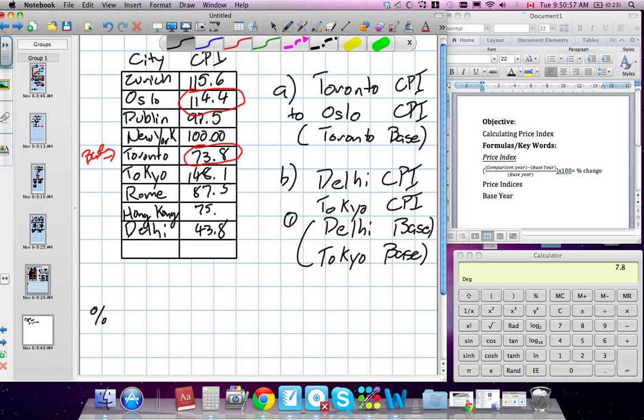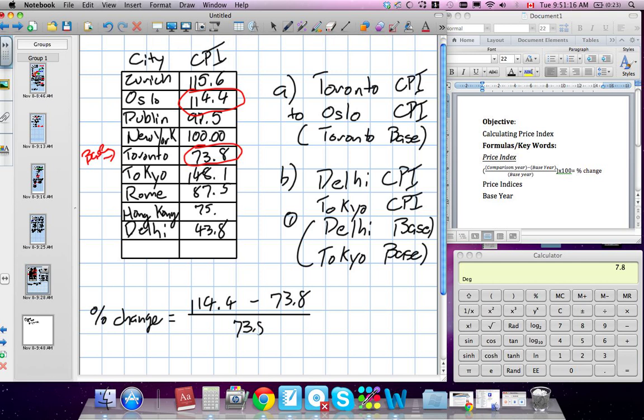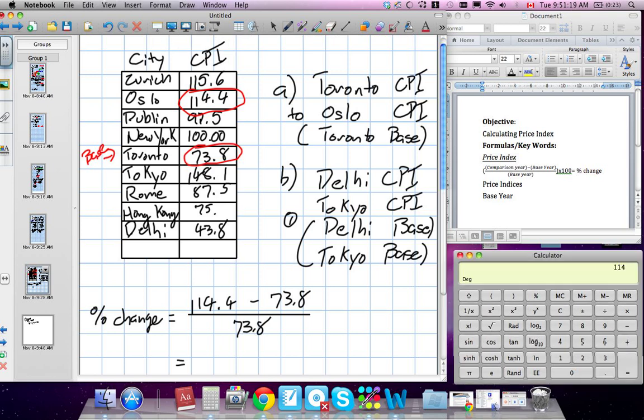So we know our formula, which is our percentage change, okay, is equal to our comparison price, which is 114.4, subtract our base, which is 73.8, divided by our base, which is 73.8 again.